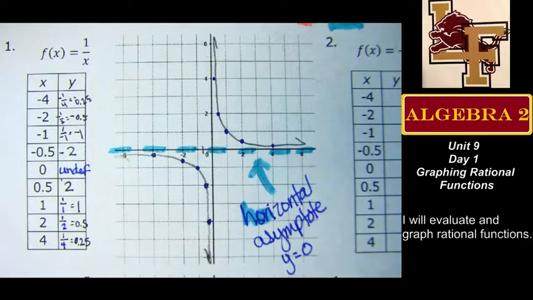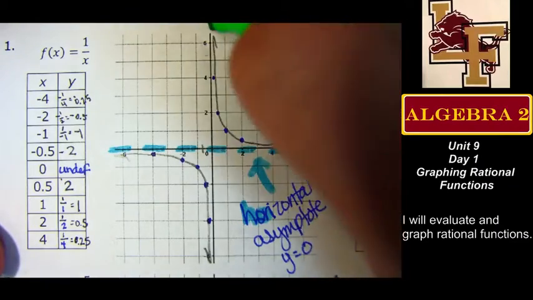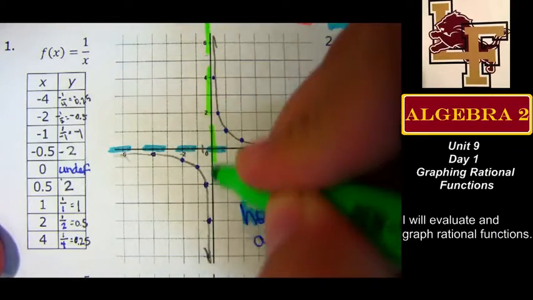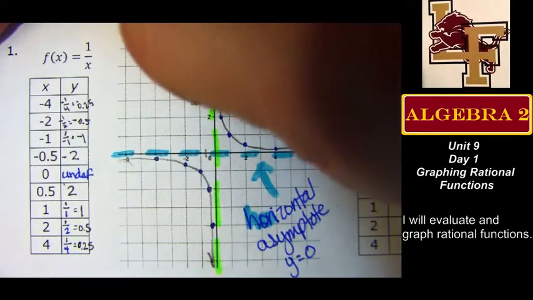This is telling us that we will never have 0 as the result for this function. I can stick any value of x in there I want. I'm never going to end up with a 0 as my final answer. Right? What else looks like it is some sort of asymptote? The y-axis. The y-axis looks like it's some sort of asymptote, because again, we're approaching it, but we're never touching it.